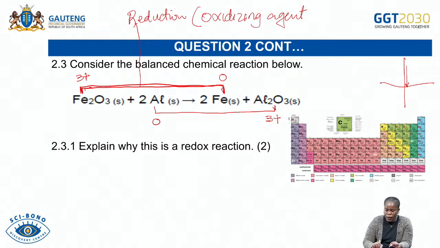And then over here, there was an increase from 0 to +3. That is aluminium. There's an increase in the oxidation number, so it underwent oxidation. Therefore, it is a reducing agent.